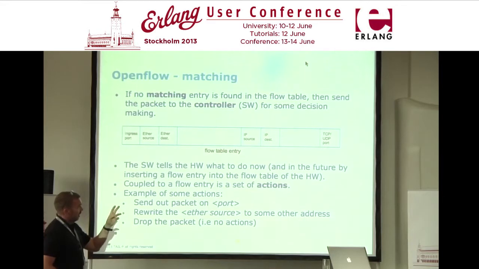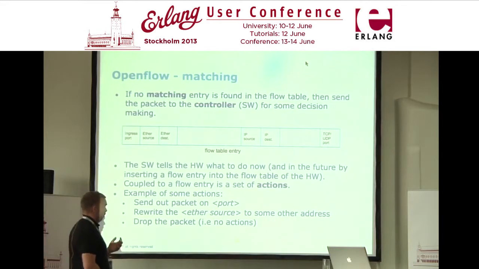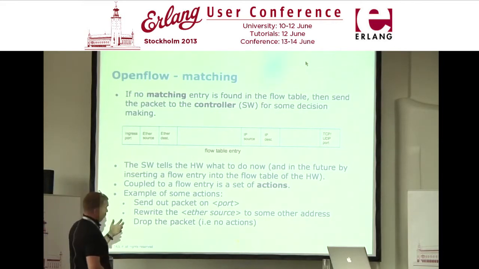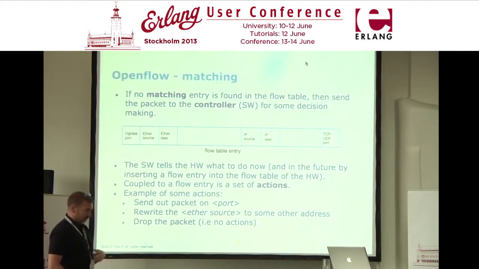And connected to this table entry, you also have this set of actions. The actions you can do are to send this packet out on a certain port through the switch. You can rewrite any of those headers into something else, so you can implement, for example, a network address translation firewall. Or you can just drop it so it won't get through the switch at all.